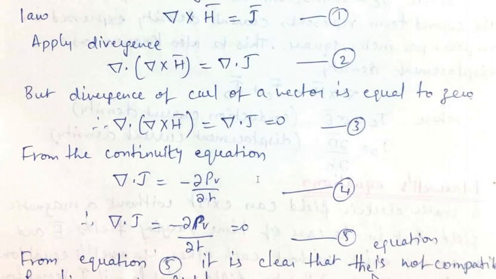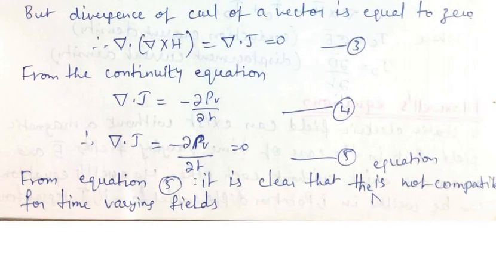Now we have a continuity equation which is del dot J is equal to minus dou rho V by dou T. So equate this to 0. Here we have del dot J is equal to 0, but del dot J is equal to minus dou rho V by dou T, which is also equal to 0.